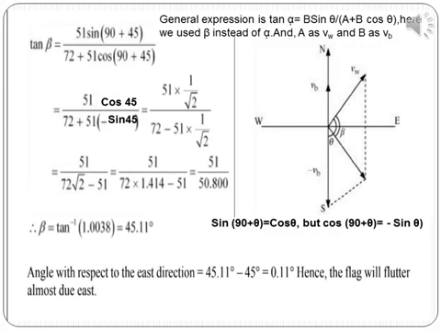Since sin(90 plus theta) is equal to cos theta, sin(90 plus 45) degree is equal to cos 45. And since cos(90 plus theta) is equal to minus sin theta, cos(90 plus 45) degree is equal to minus sin 45 degree.